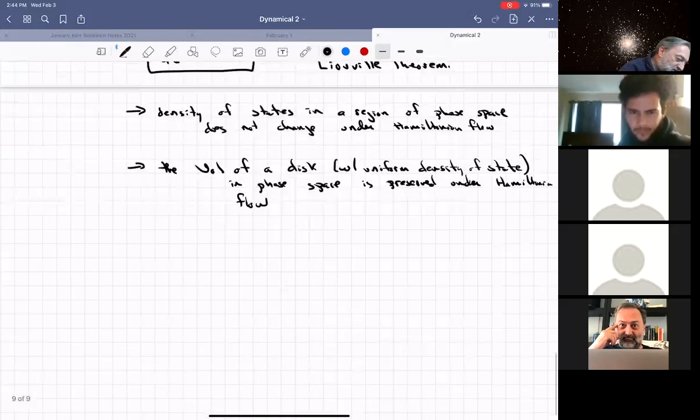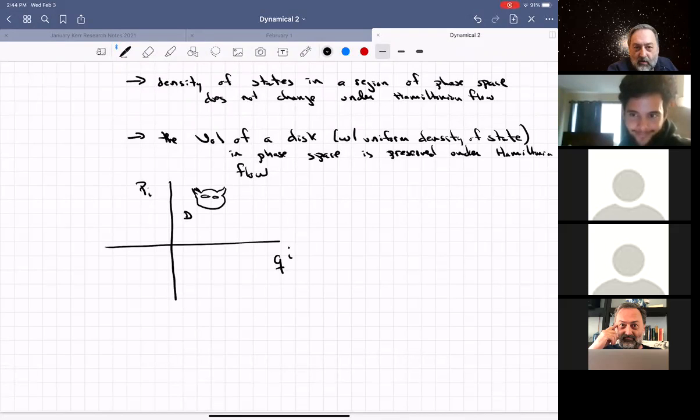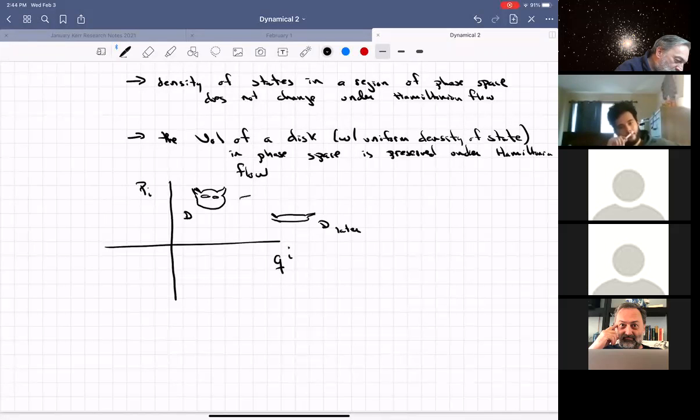So if you have a Hamiltonian system, and this is your qi coordinate, and this is your pi coordinate, and this is your initial disk, Hamiltonian flow will take that disk and may distort it, but it will have the same volume.